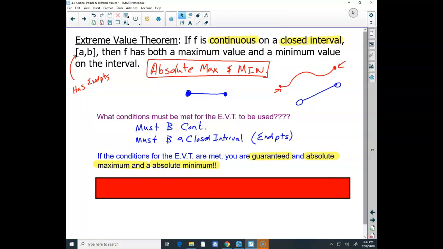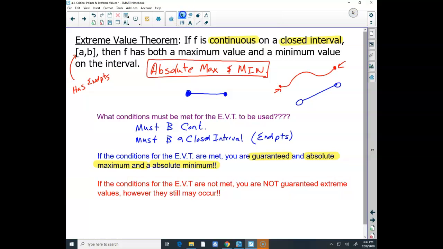However, if the conditions are not met, all that means is I'm not guaranteed an extreme value anywhere on that interval. But please don't lose sight of that: it does not mean that it will not have or could not have extreme values. They're just not guaranteed by this theorem.